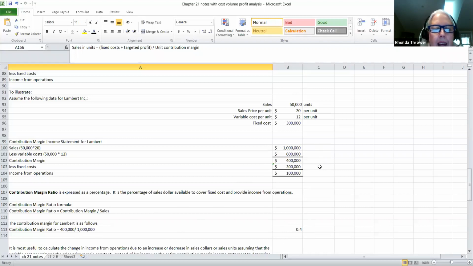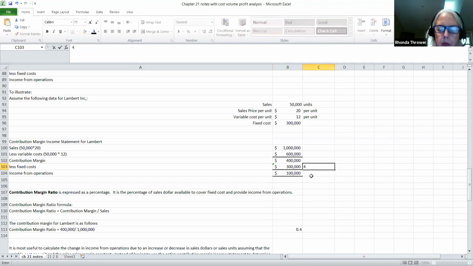And sometimes they show it out to the side of this contribution margin income statement. So in other words, this 40% would show up right here as the contribution margin ratio. Oh, I'm sorry, I put that beside the wrong figure there. Let me stick it up here where it belongs. It would belong right here, 40%.